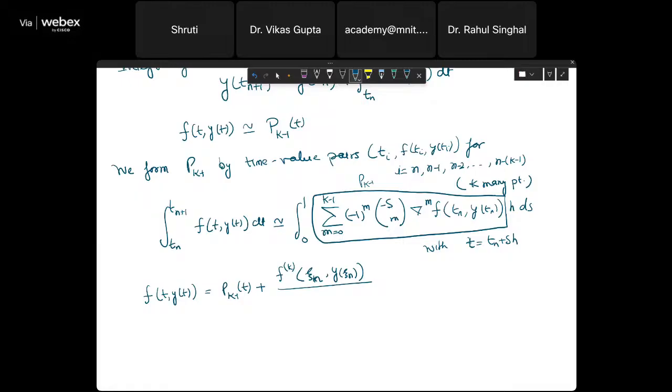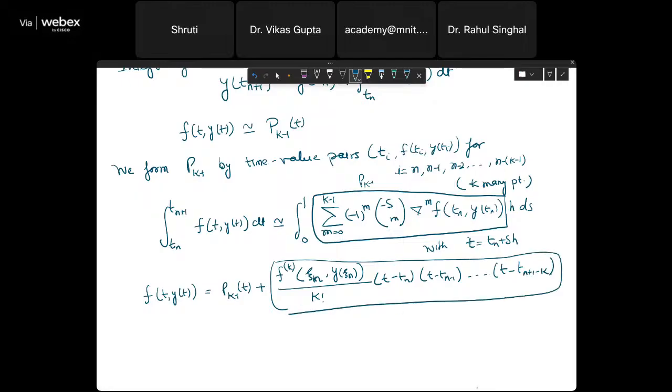This is important from the point of view of calculating truncation errors. We will see later how it helps. So this is the error term involved, but since we are approximating by the interpolation polynomial, our integral is approximated by this equation.